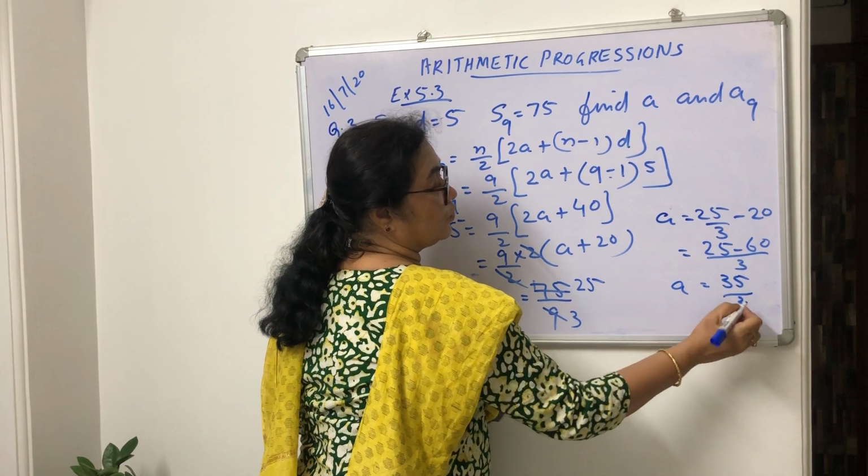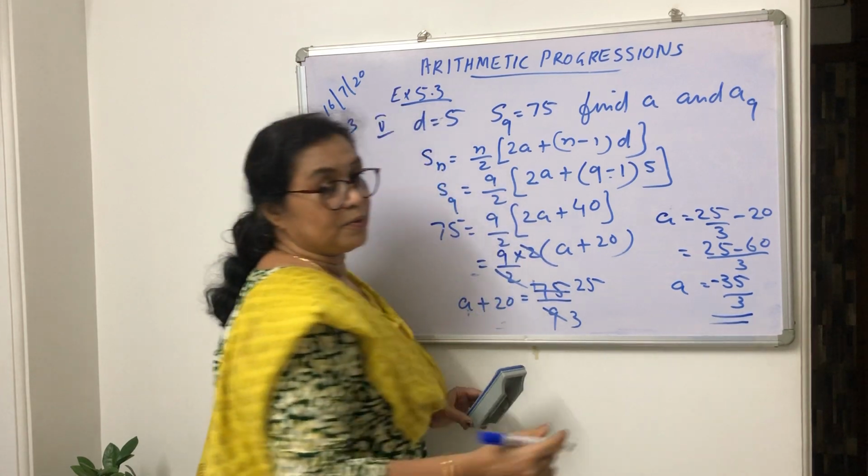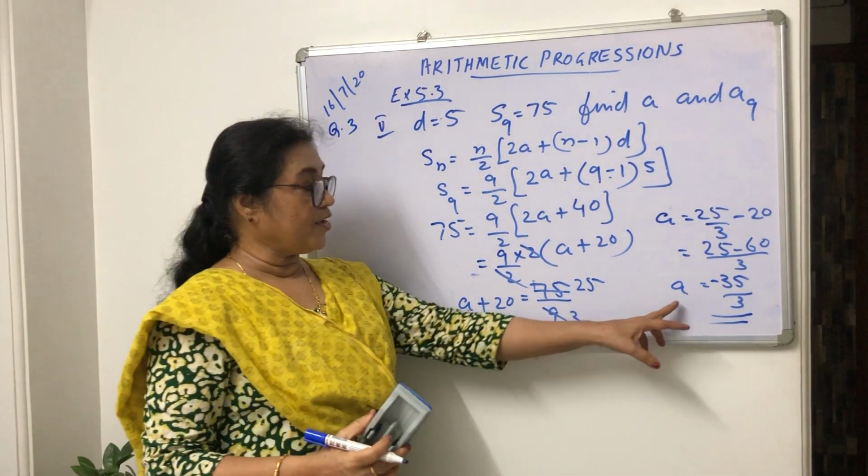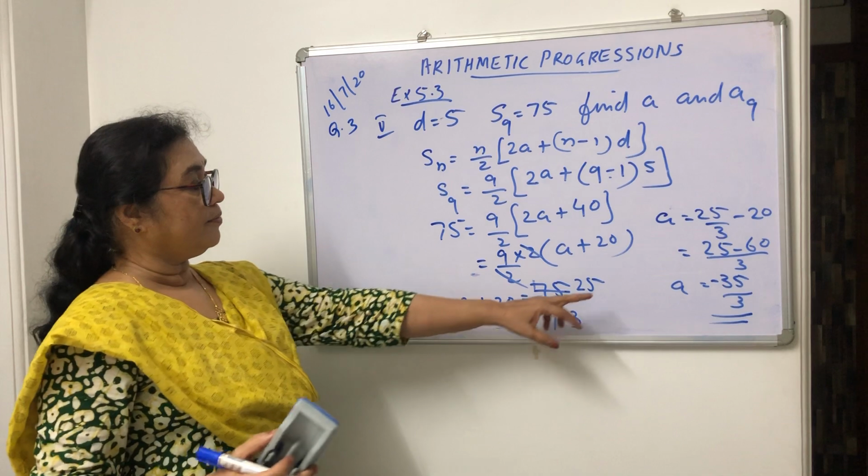So a is equal to minus 35 by 3. So the value of a you got is minus 35 by 3.